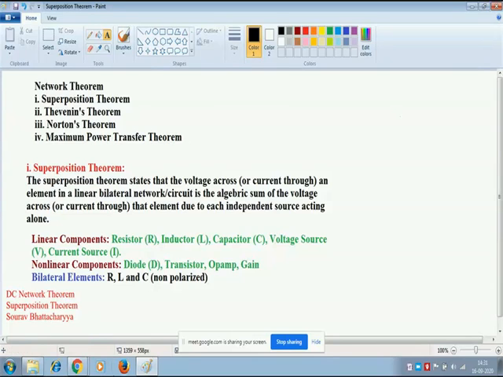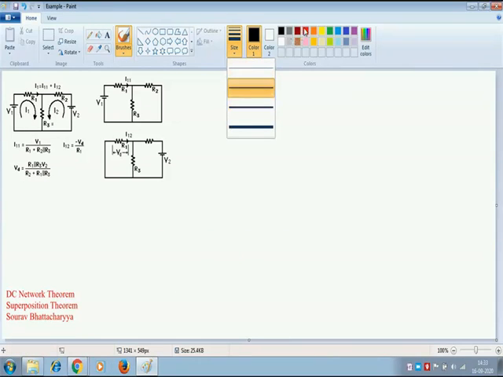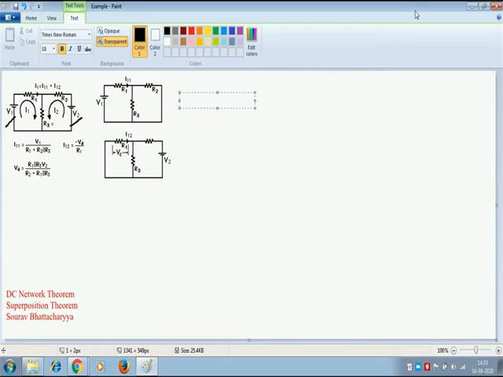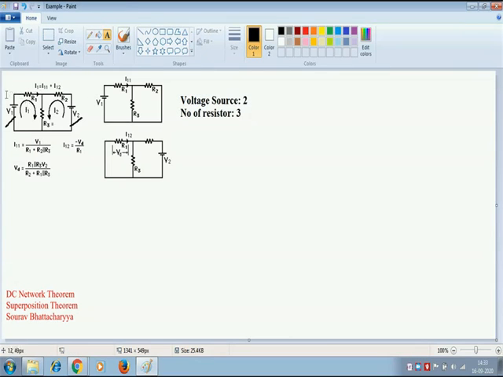So in this circuit, we have different arrangements of the components. The components in this circuit include voltage sources. When we solve using the superposition theorem, at a time we use only a single source. As there are two voltage sources, when we consider the first voltage source V1, the other voltage source V2 will be replaced by a short circuit.